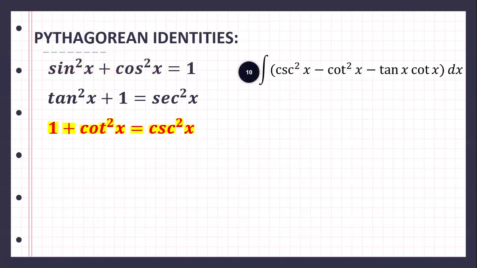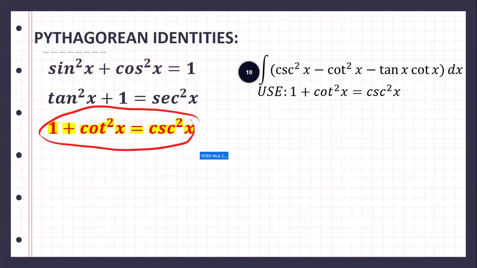Let's have another identity. Let's have the integral of cosecant squared x minus cotangent squared x minus tangent x cotangent x dx. Notice that it's familiar with this one. So let's use that one. We use 1 plus cotangent squared x is equal to cosecant squared x.